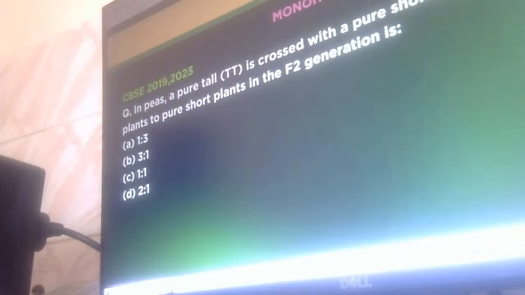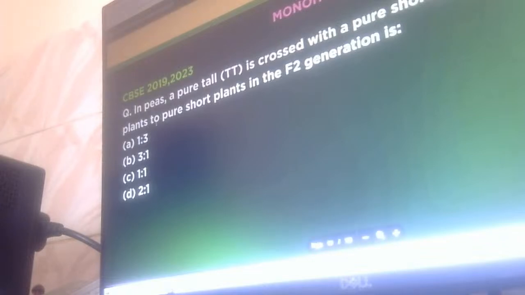We get the first generation F1 to be tall with the genotype capital T, small t. Tall. Now, if you self in F2, the ratio is 3 to 1, so there would be 3 tall plants to 1 short.